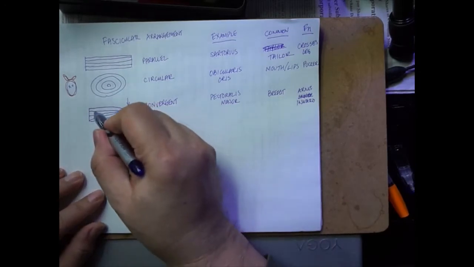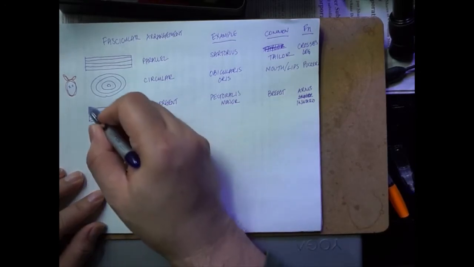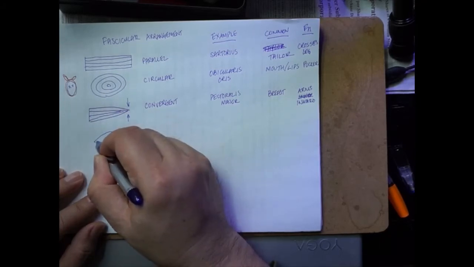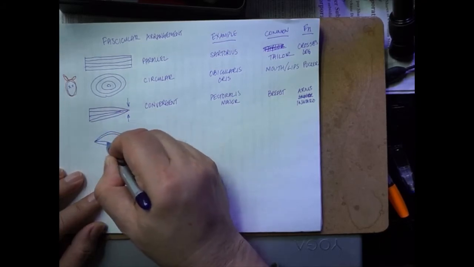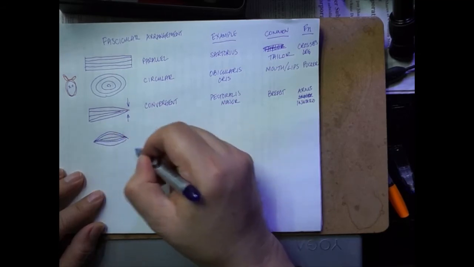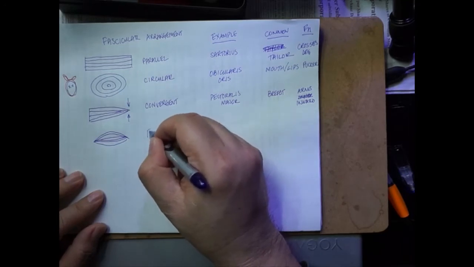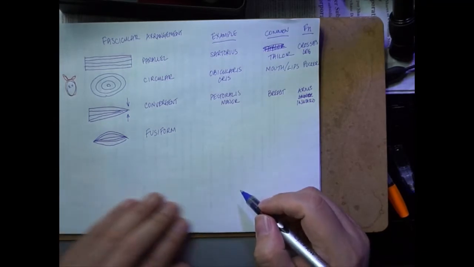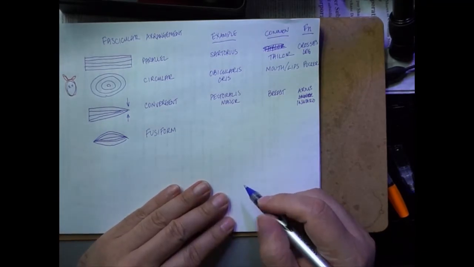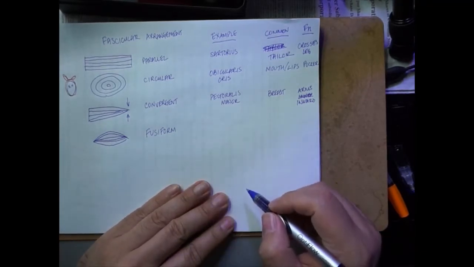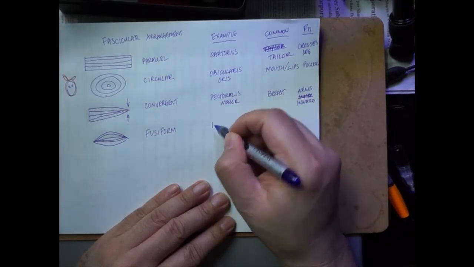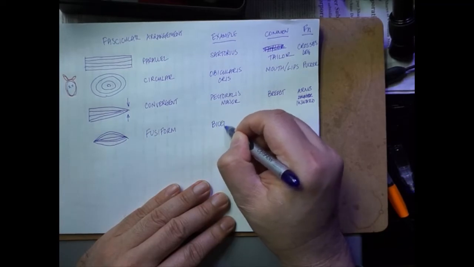So what else can happen? If you can have a pinching of one end, you can have a pinching of the opposite end. So in other words, the fiber tracts will do this. So this is called a fusiform. The fusiform is another well-known muscle.